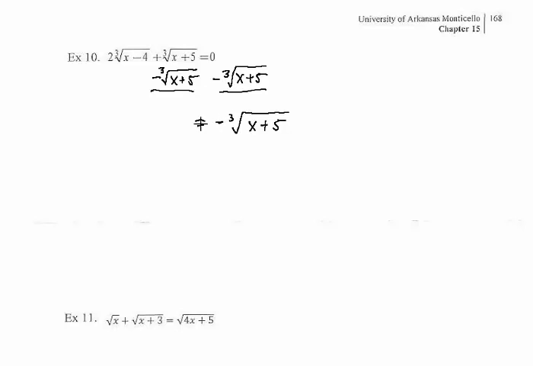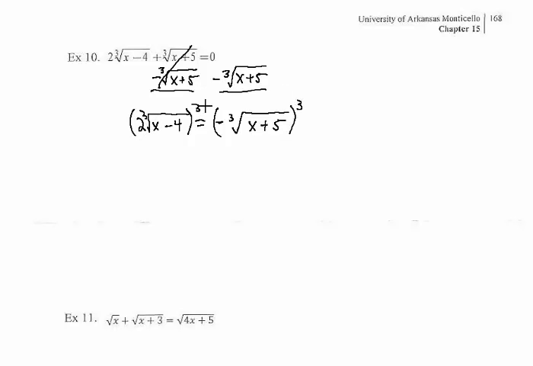The minus cancels on the left side. That was the point. We just wanted to move one to the right hand side, and on the left we only have one radical, 2 times the cube root of x minus 4. So we have a single radical on the left and a single radical on the right. We'll cube them because they are both cube roots.